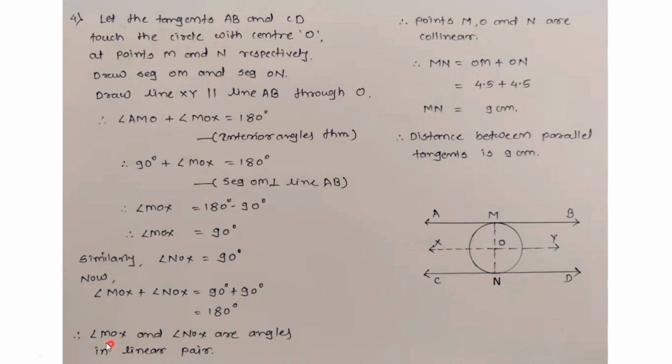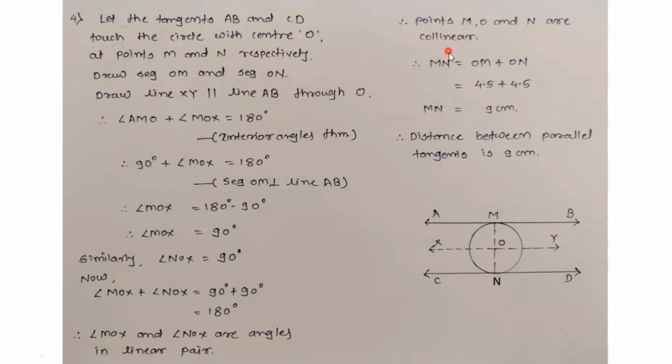And as we can see, OM and ON are opposite rays, and these two are adjacent and supplementary angles. That's why angle MOX and angle NOX are angles in a linear pair. And if these two angles are in a linear pair, points M, O, and N are collinear.